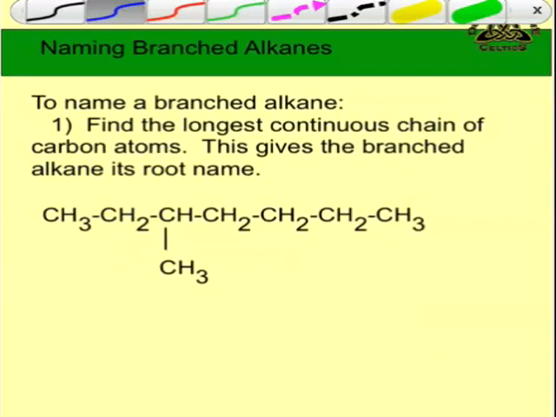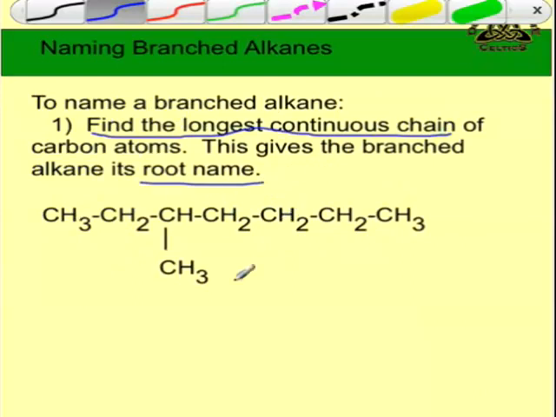So let's take a look at the rules for naming branched alkanes. Here is the first thing you need to be able to do. You need to find the longest continuous chain in your alkane. This longest continuous chain gives you the alkane root name.